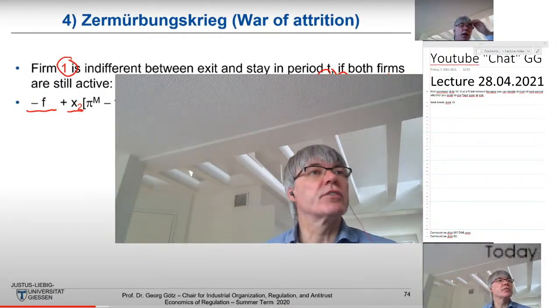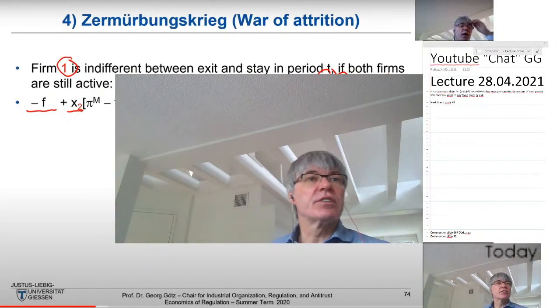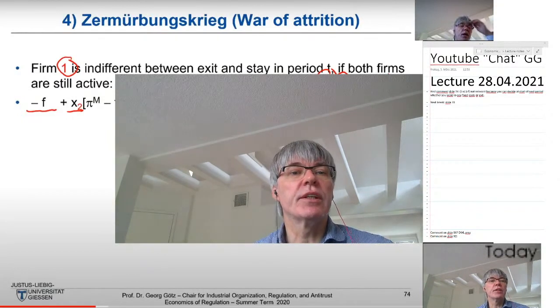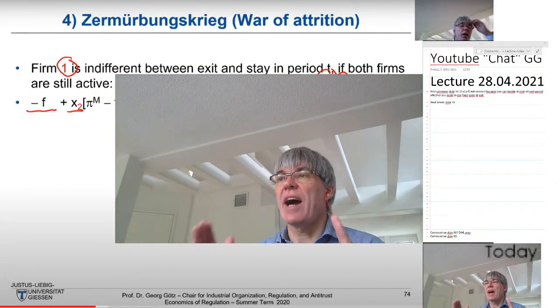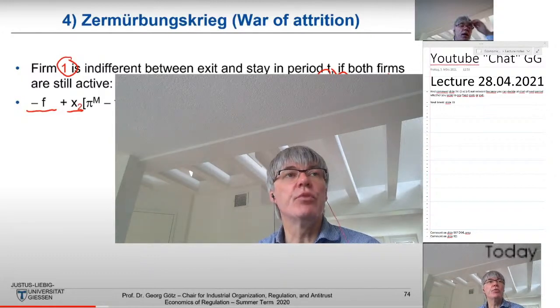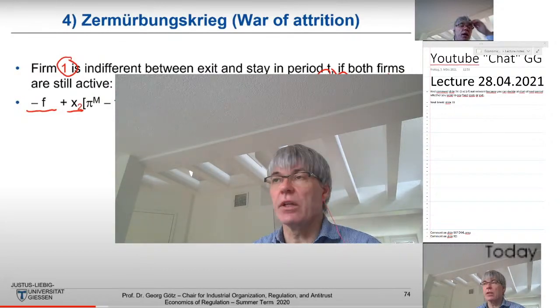So here you see I had slight trouble because I didn't perfectly think about it. The point is, the timing is really important. You decide at the start of a period whether you stay, and then you pay minus F. You know at the start of the period whether the rival is in the market, so your operating profit in this period will be 0, because the minus F you pay anyway, okay?